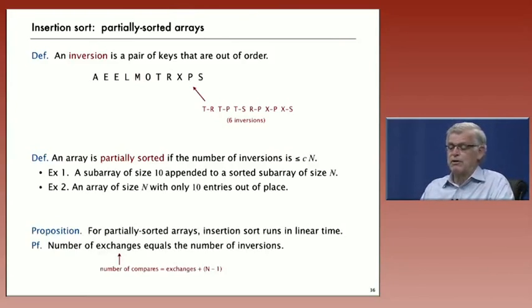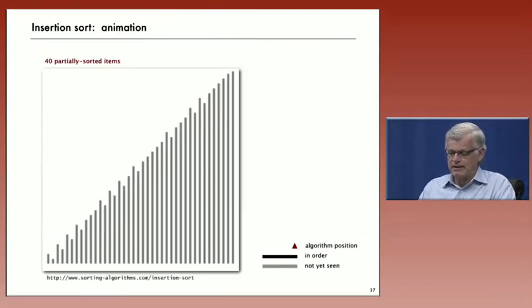And what's interesting about insertion sort is that it runs in linear time for partially sorted arrays. And the proof is the number of comparisons and the number of exchanges is equal to the number of inversions. Number of exchanges equal to the number of inversions, and then there's an extra compare for every element except the first. So let's look at how that looks in the animation.